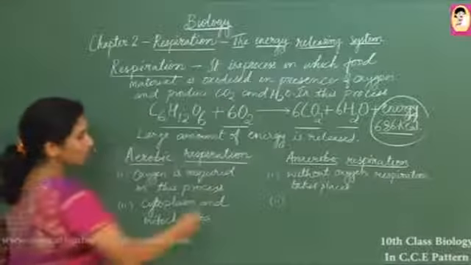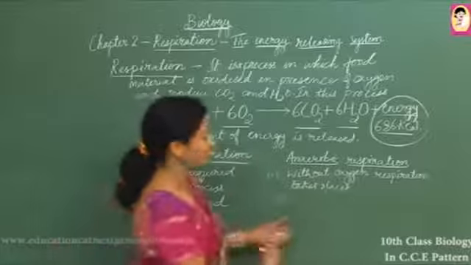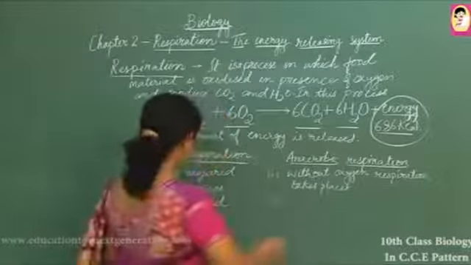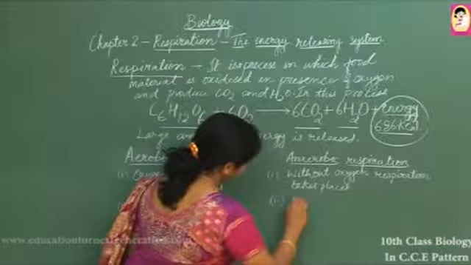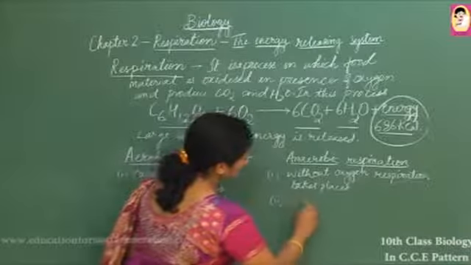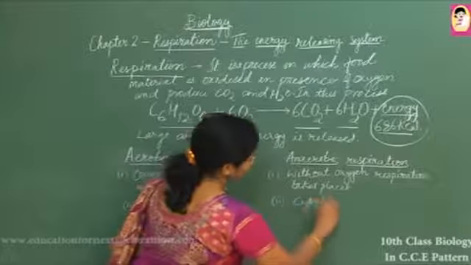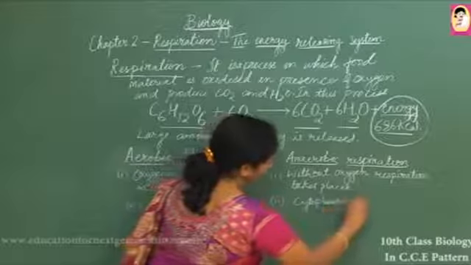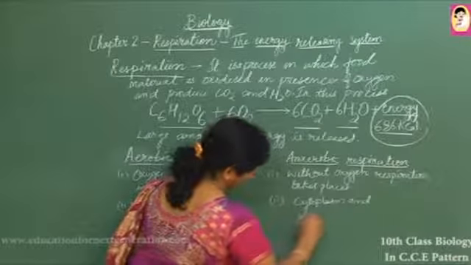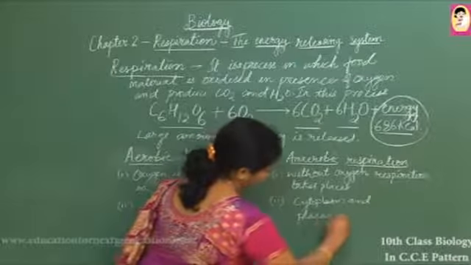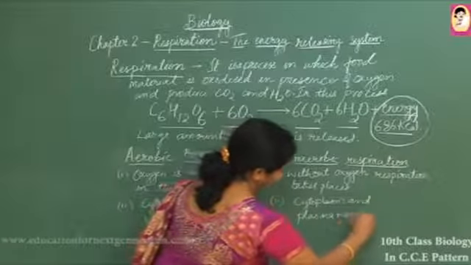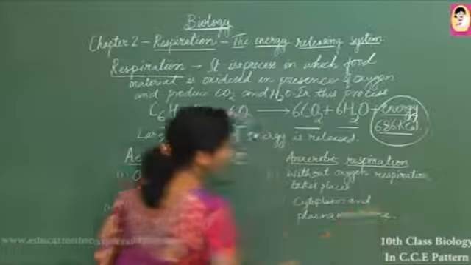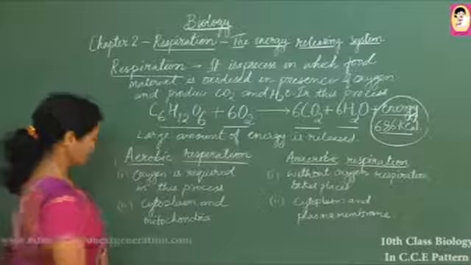Anaerobic respiration is usually seen in prokaryotes like bacteria. In that, only the plasma membrane and cytoplasm take part in this oxidation.